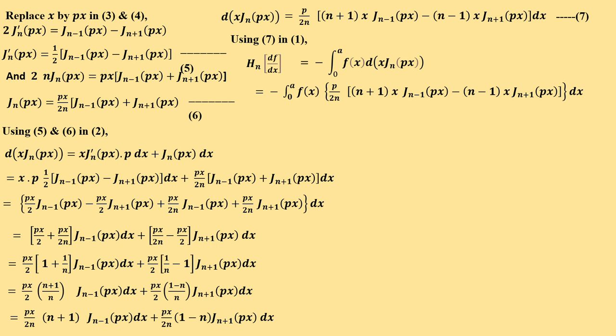We are keeping x with J, right? That is easy to write for the Hankel transformation. Whenever you see the Hankel transformation definition, x goes with Jn of px, right? That is what we are keeping: x with Jn minus 1 and the next term x with Jn plus 1.